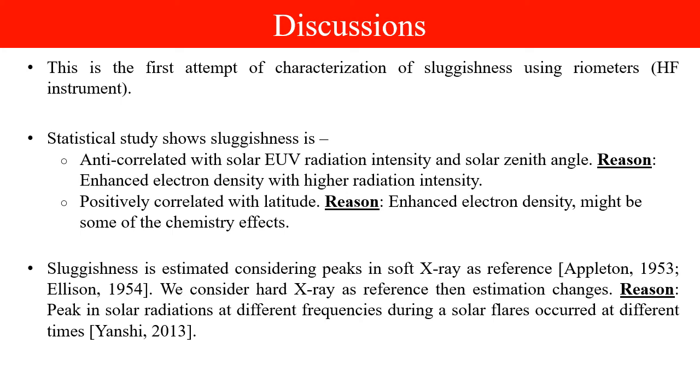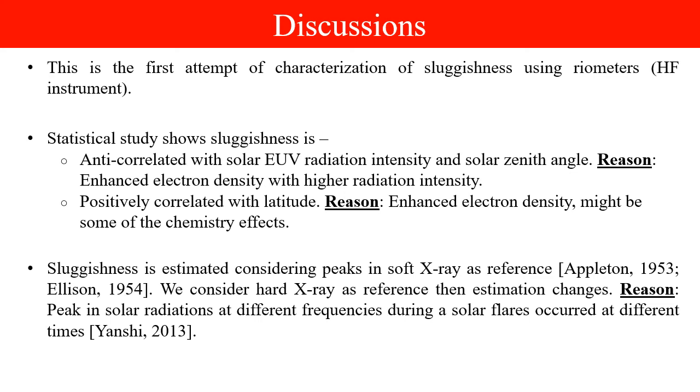And it's positively correlated with latitude. We think it's definitely related to the electron density, but we also think it's somewhat related to the chemistry variance with the latitudinal variability.